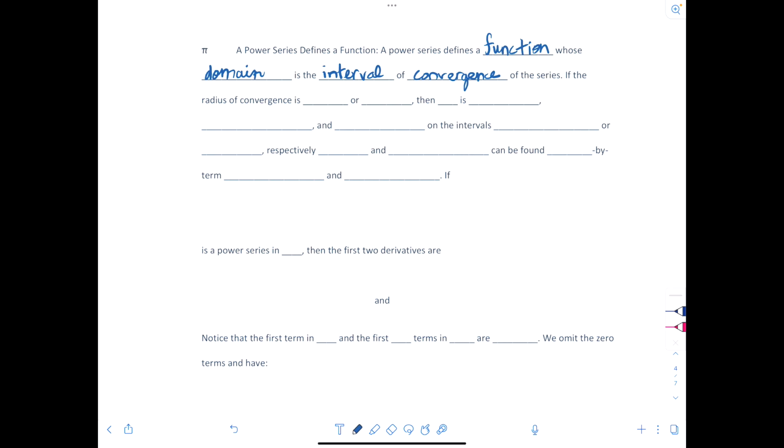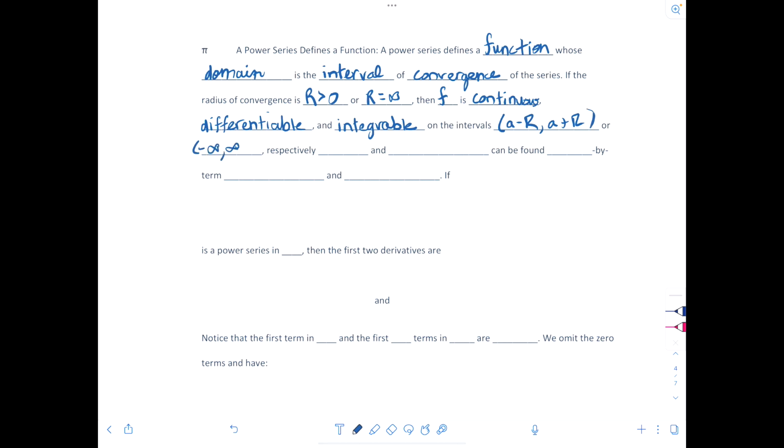If the radius of convergence is r greater than 0 or r equals infinity, then f is continuous, differentiable, and integrable on the intervals a minus r to a plus r or minus infinity to infinity respectively.